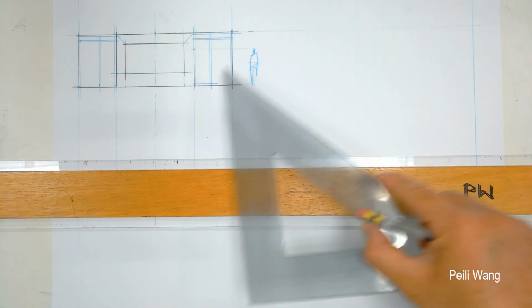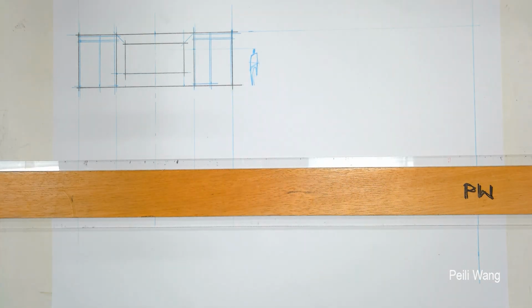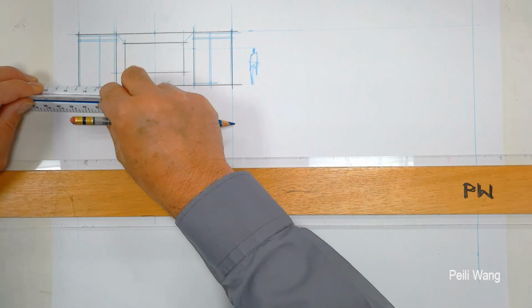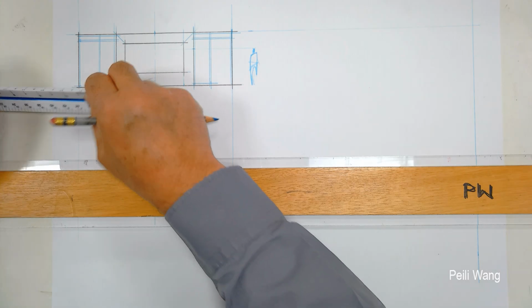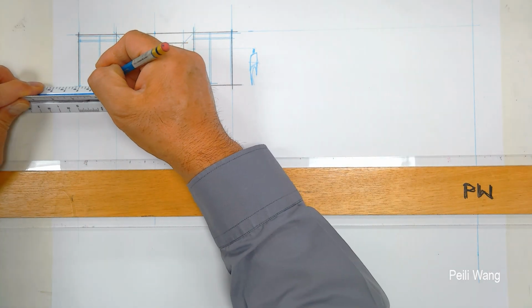Okay, so now I have this. So this part, which is the door frame, you can see is slightly bigger than 2. So this one I give it a 3 inch. 1, 2, 3.